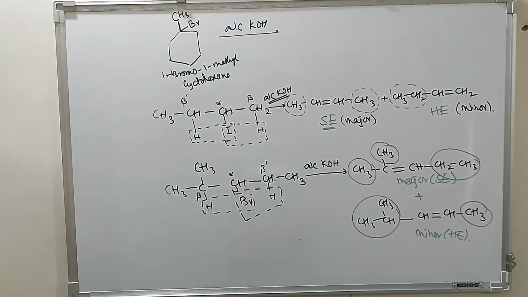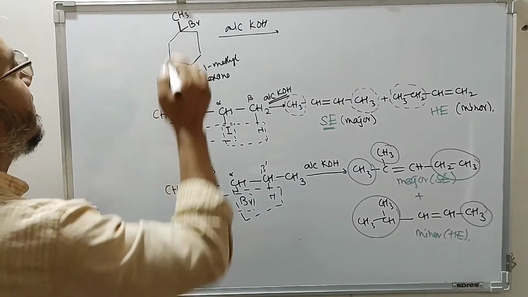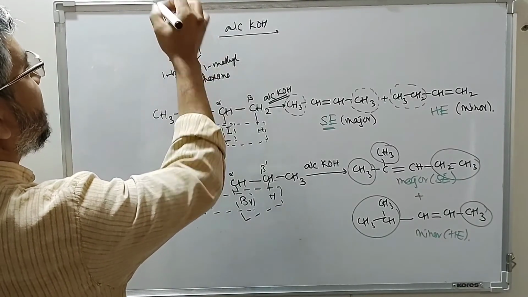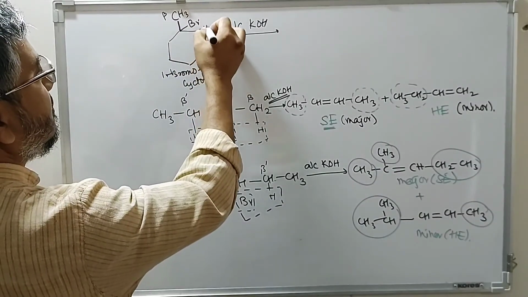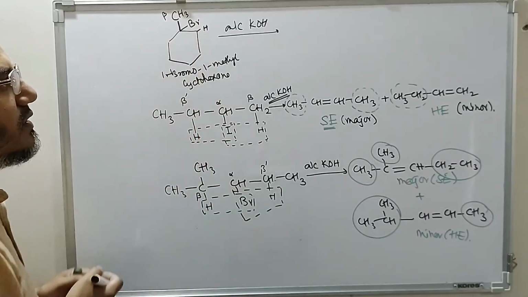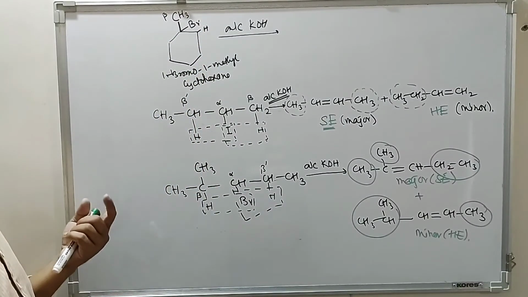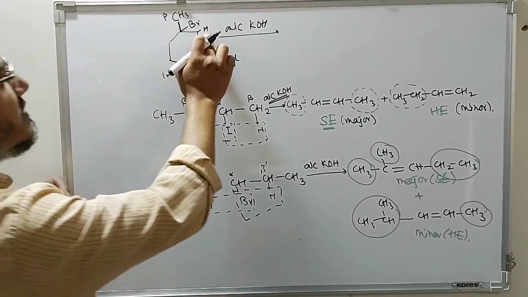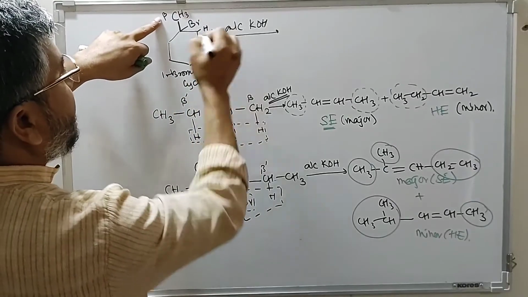We have different types of beta hydrogen. Look at this. This is a beta carbon. This is also a beta carbon. Both are identical. So there is formation of two products. Remove this beta hydrogen. This is beta, this is beta prime.